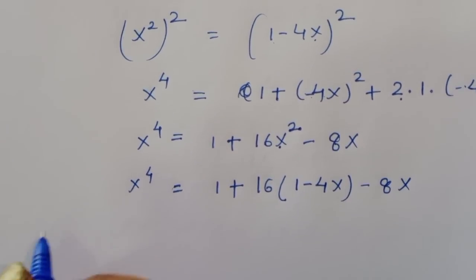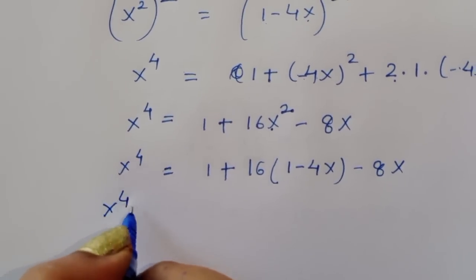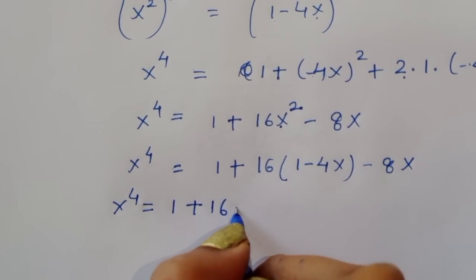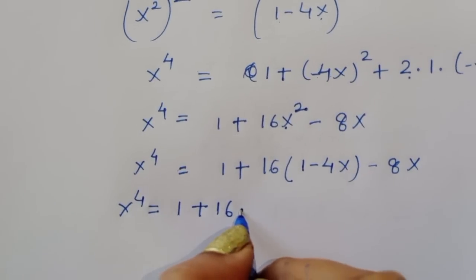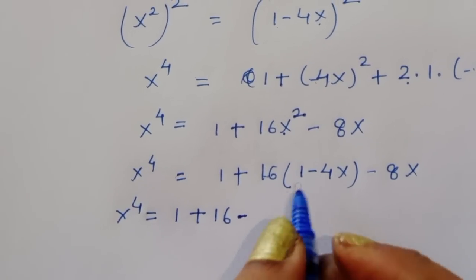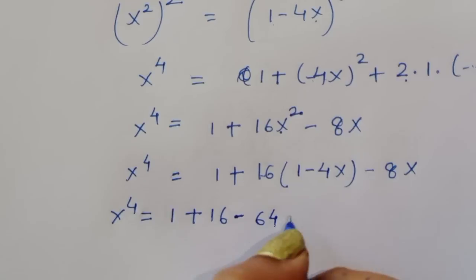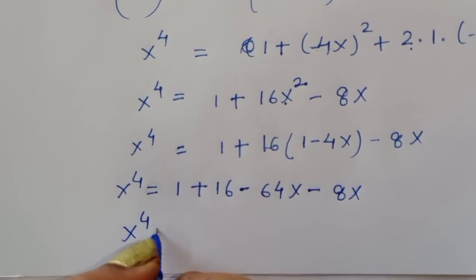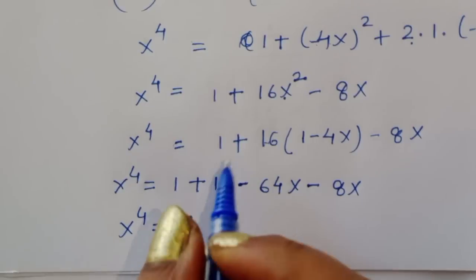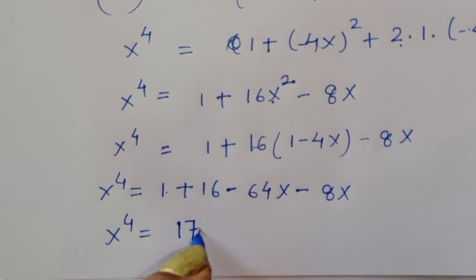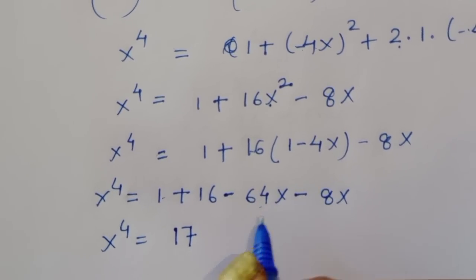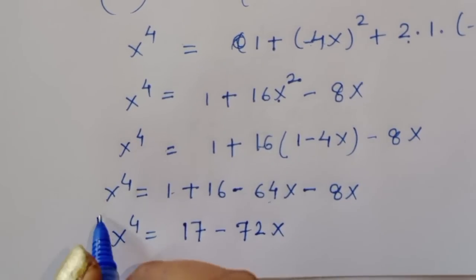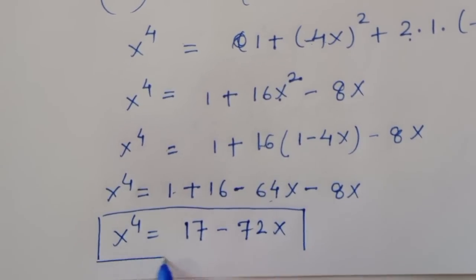Now x power 4 is equal to 1 plus 16 times 1, that is 16, minus 16 times 4, that is 64x, minus 8x. So x power 4 is equal to 16 plus 1 is 17, and minus 64x minus 8x is minus 72x. Now we got the value of x power 4.